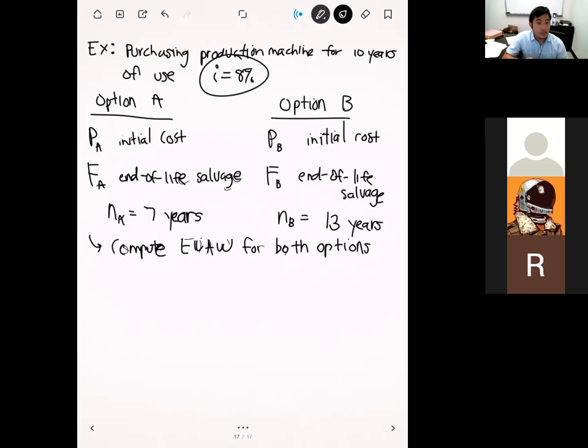Let's start with A. A has a useful life of 7 years, so in order for it to reach 10 years, we're going to need to buy a replacement in year 7.